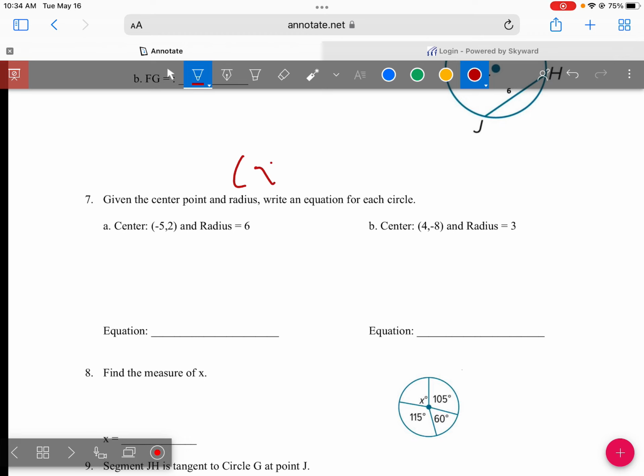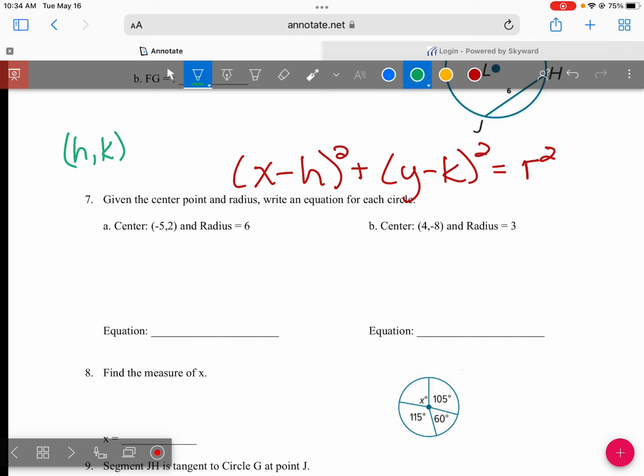So, it should be x minus h squared plus y minus k squared equals r squared. h, k is the center of your circle. r is equal to your radius.